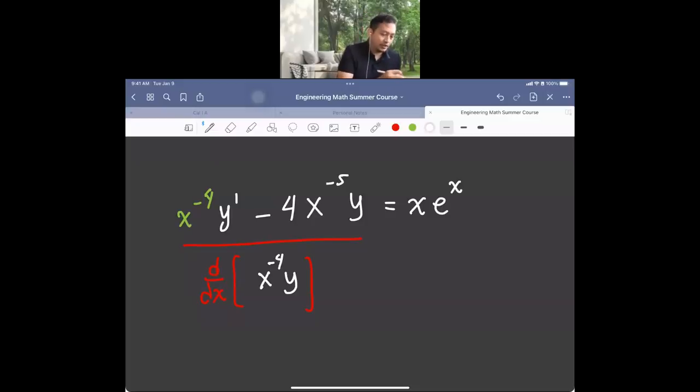So we check. Negative 4, x to the negative 4 minus 1, so it's negative 5, and y, and then plus x to the negative 4 y prime. I think it's correct, right? So we can just use this as our product form. And this one is e to the x. And then we need to find y, so we integrate this with respect to x.